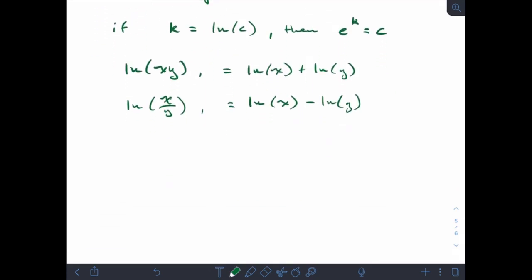And another useful one: the natural log of x to the y power is the same thing as y times the natural log of x.